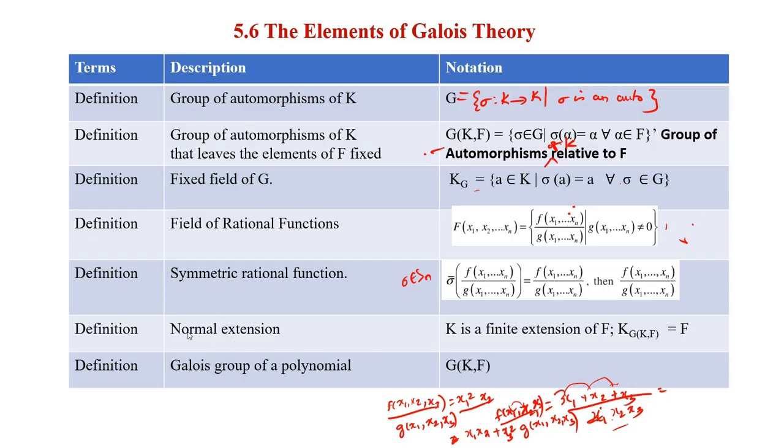Then another definition is normal extension. Take a finite extension of a field F. Here you have the definition of normal extension K of a field F. What is the condition required? You must have K to be a finite extension, and the fixed field of G(K,F) should be F itself.